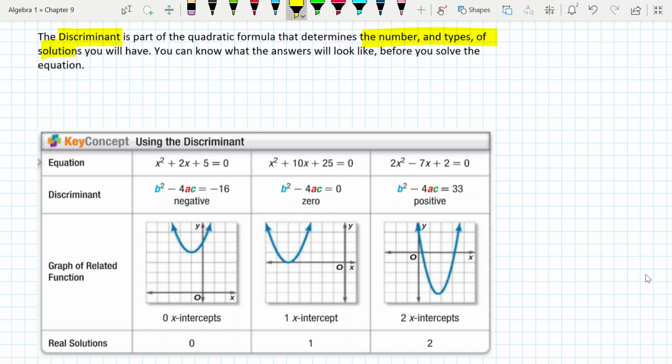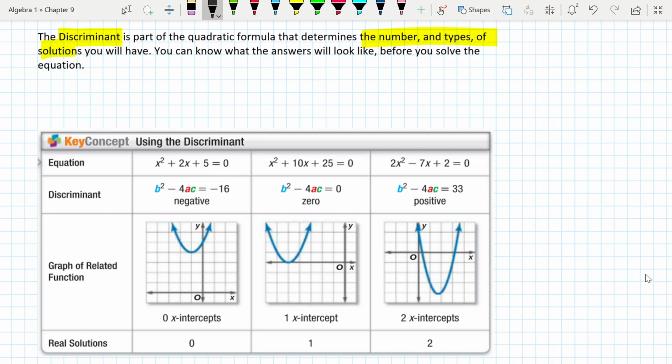If I'm not sure whether I want to solve an equation by quadratic formula or by factoring, I can use the discriminant to decide a lot more quickly. And that's kind of the weird thing about what we're doing next. For some of the problems in your homework, I don't want you to tell me the answers. I just want you to find the discriminant and then tell me how many solutions there are.